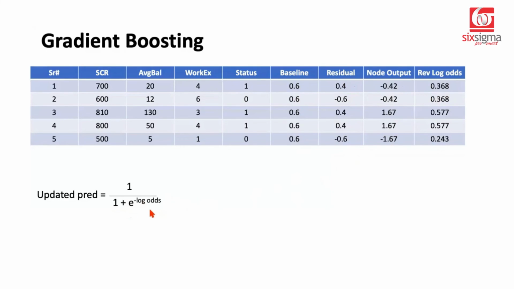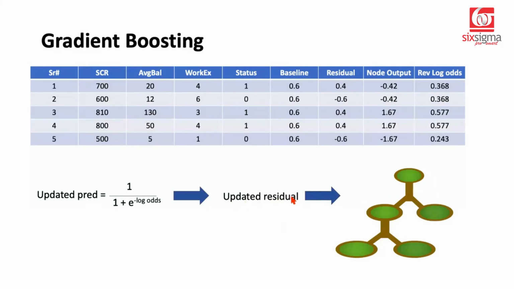So these updated probabilities would lead to new predictions, and those new predictions should get better with time. Let's see. So updated predictions lead to updated residuals. So these updated residuals would now be targeted for reduction by the new models. We will use multiple trees or multiple simple models to keep on targeting the residuals for minimization. That's the approach that gradient boosting takes.